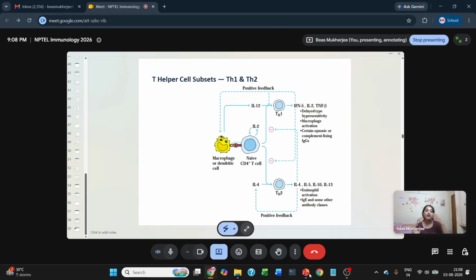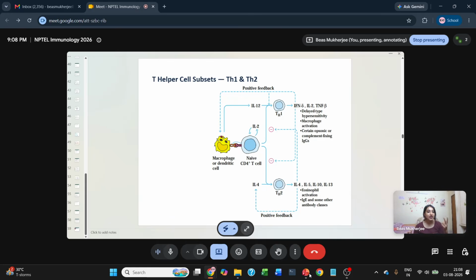To become a TH1 cell, it requires a lot of interleukin 12, and it itself produces a lot of interferon gamma and TNF beta. And these have specific functions such as delayed type hypersensitivity reaction, macrophage activation, opsonization, complement fixing immunoglobulins, etc.